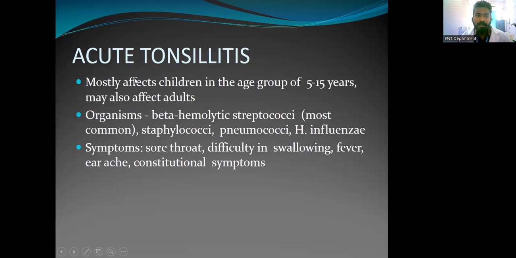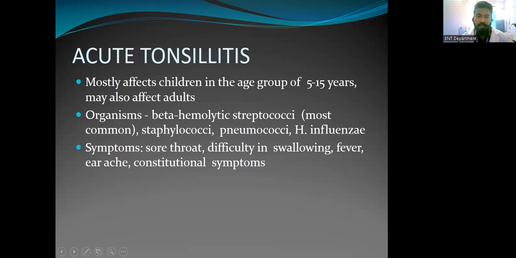The organisms are beta hemolytic streptococci, most commonly group B, and staphylococci, pneumococci and Haemophilus influenzae. For an acute case, what symptoms can the patient present with?